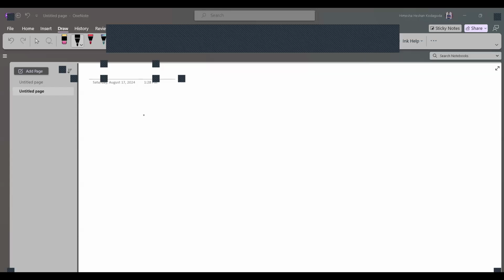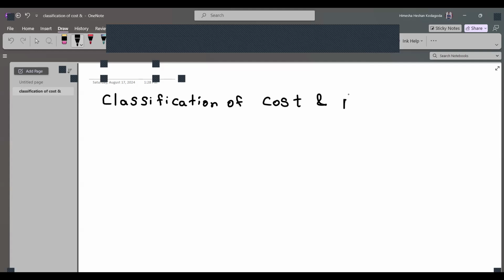Right. Okay, guys. So today, after we discussed the different terms used in management accounting, we are going to discuss classification of cost and revenue.